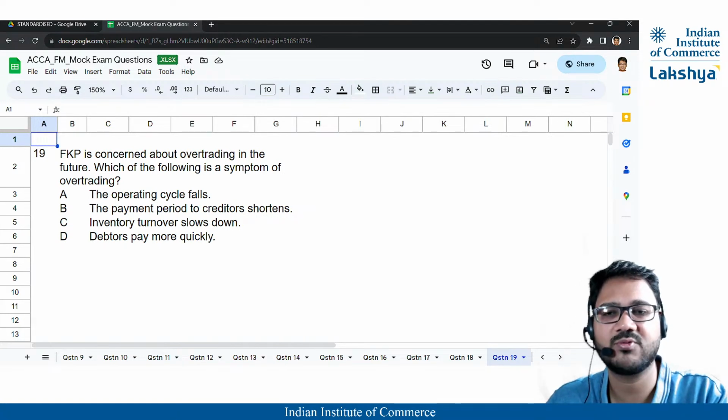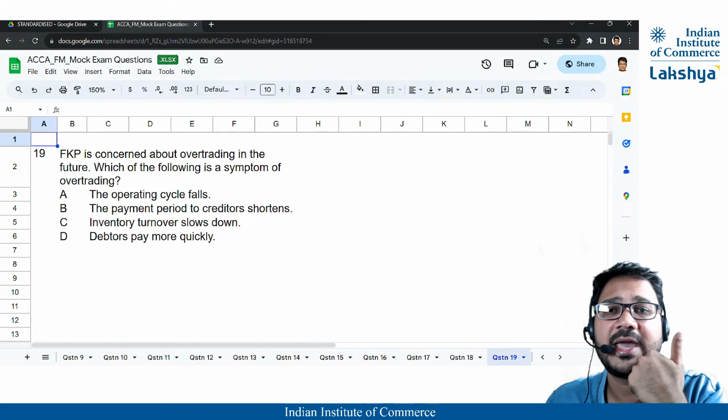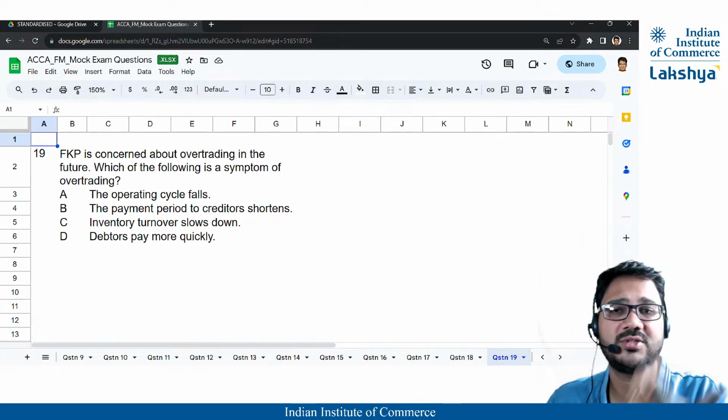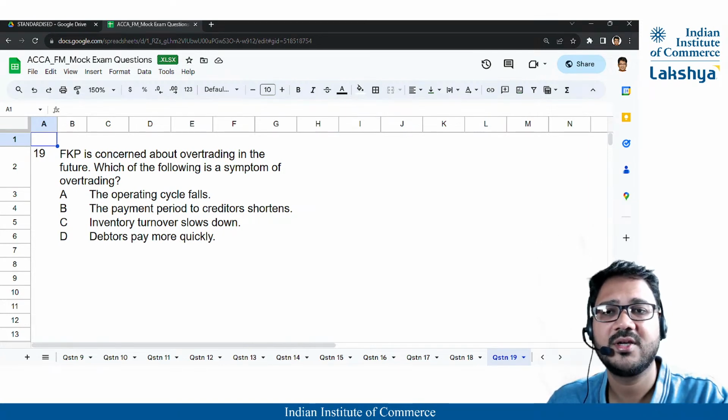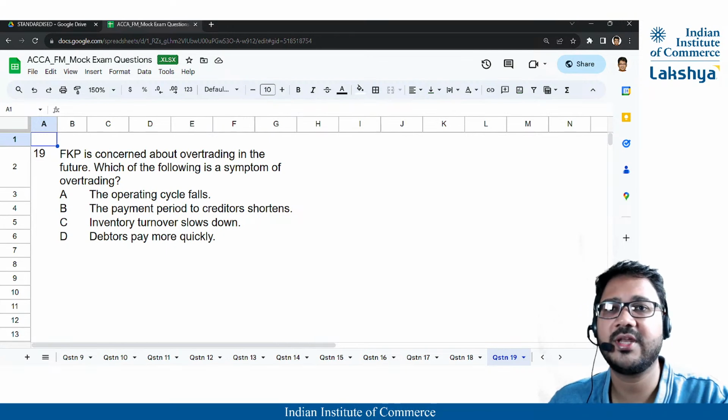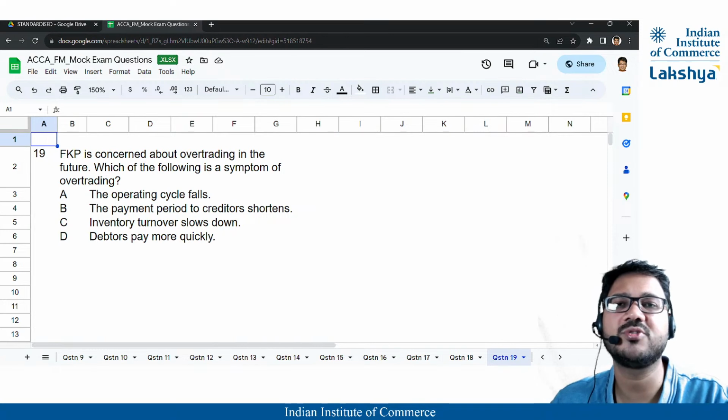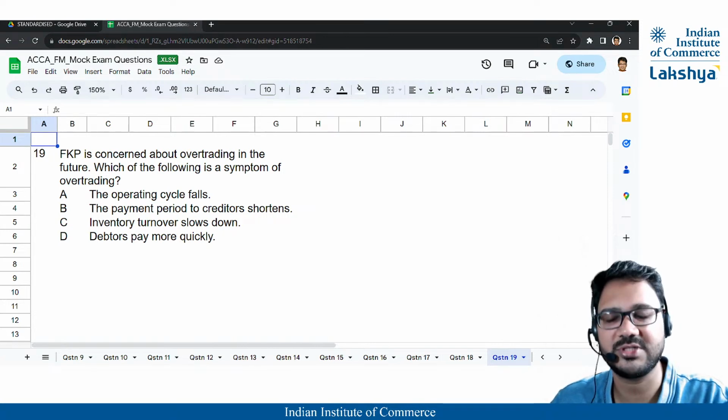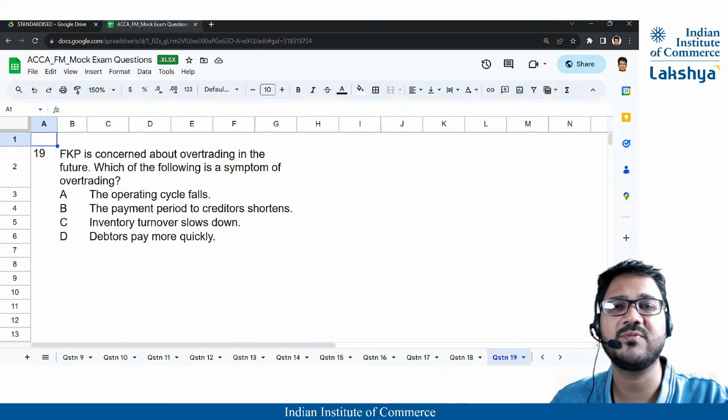To focus on profits, you are going to hold more inventory, because then a customer can walk in and you can say, yes, I have it in the godown and can deliver immediately. If you do not have it, you will say it will take 1 week to arrange, and the customer may go elsewhere.